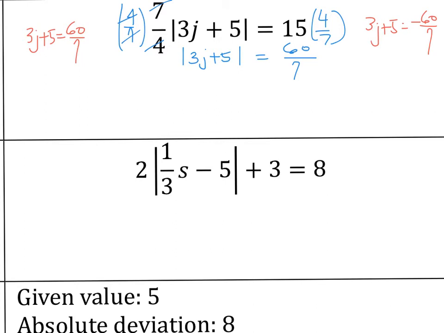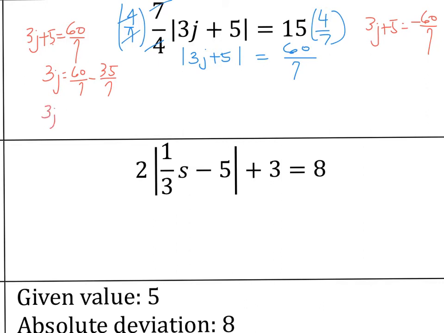So now, to solve for j, I'm going to write 3j equal to 60 over 7 minus 35 over 7. I simply rewrote negative 5 as negative 35 over 7.